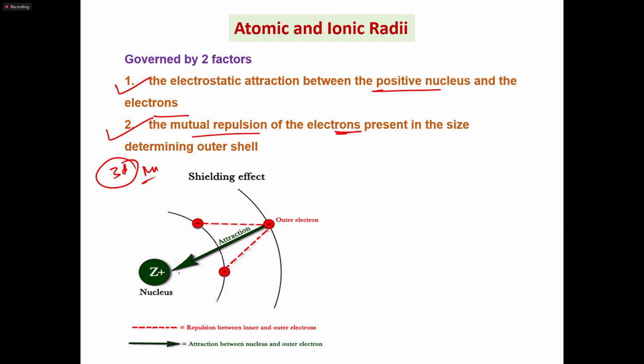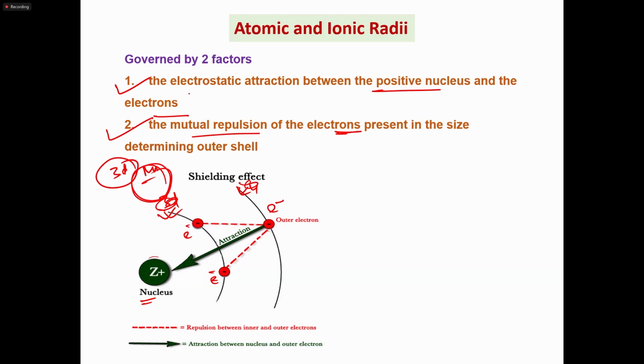So for any element, consider the nucleus, and there are orbitals present. The first orbital has two electrons, and this is the valence orbital or the outer shell orbital. There is another electron present.